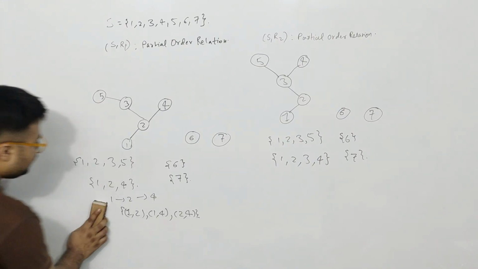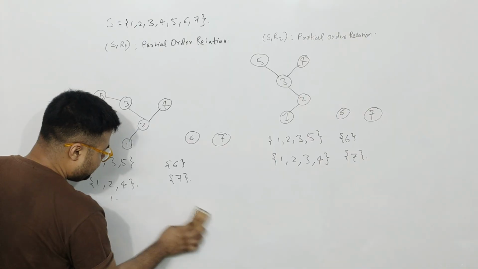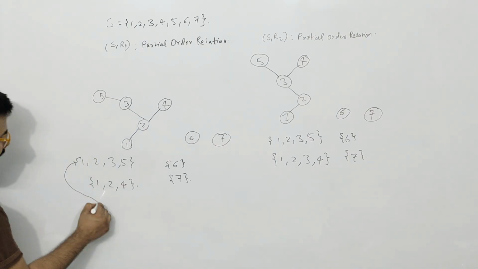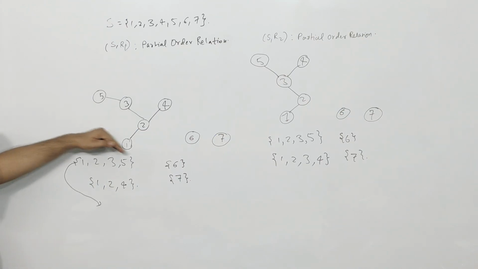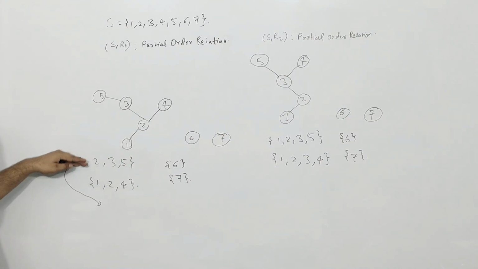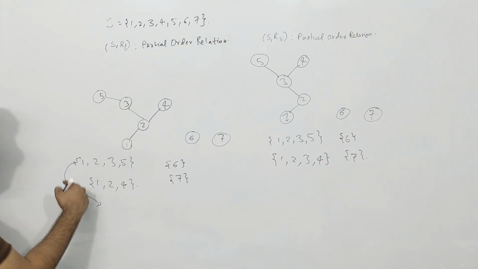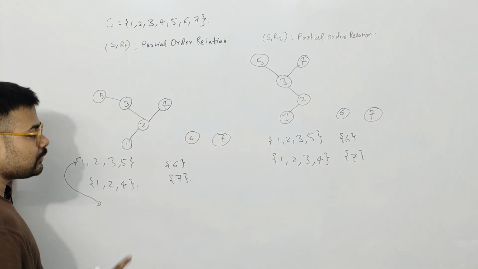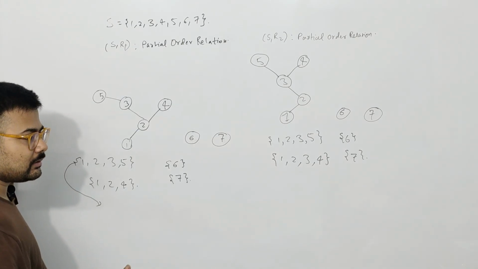Similarly, if this set is given to you, that the elements of this set have an ordering among them, what are the non-reflexive pairs that they contribute to your partial order relation? How do you find it? First you need to know the ordering.